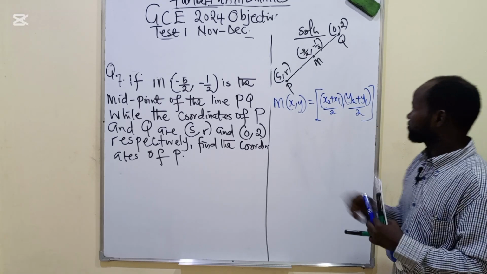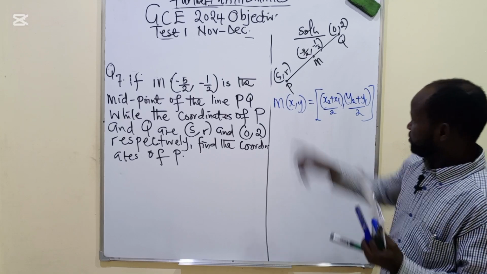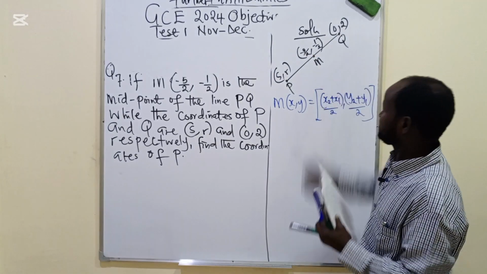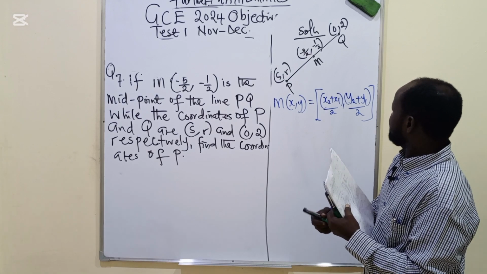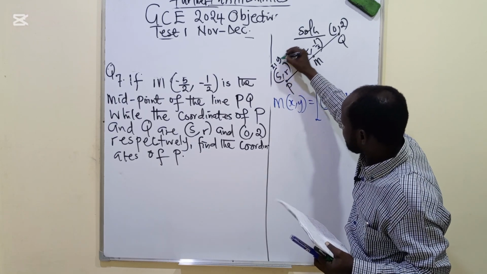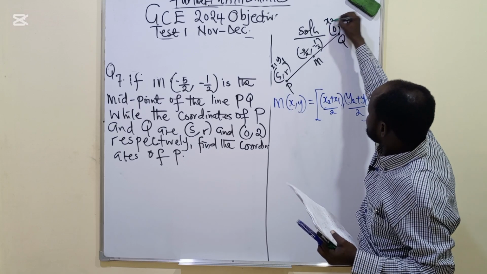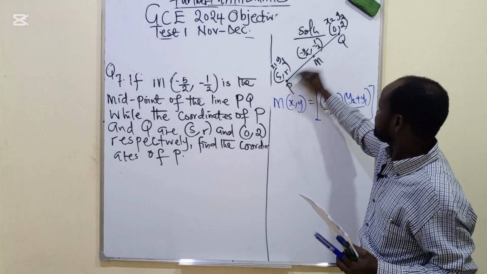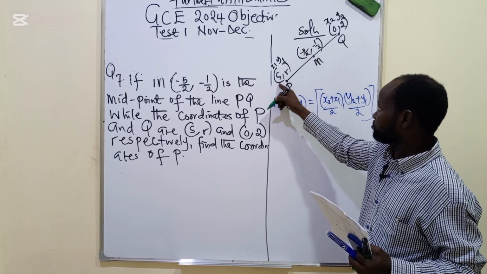So this is the formula we are going to use. The midpoint here is given as minus 5 divided by 2, minus half. It means this will be our x1, y1, x2, y2. Very important because we are starting from P to Q. So the starting point will be P.